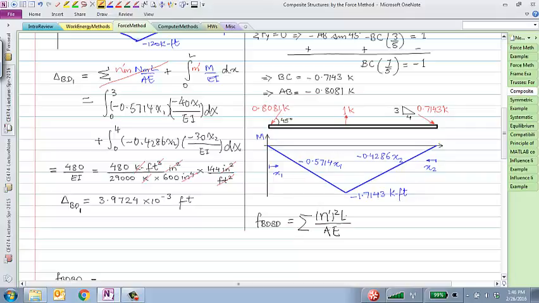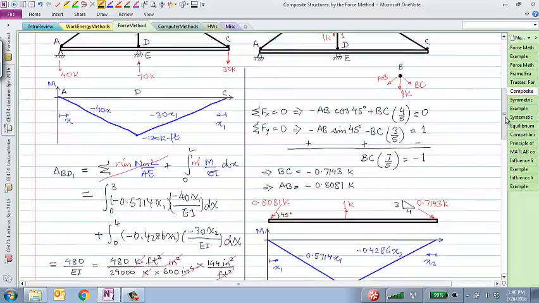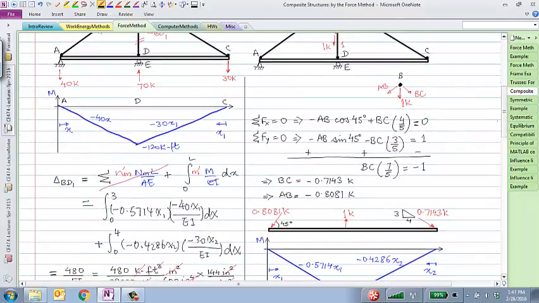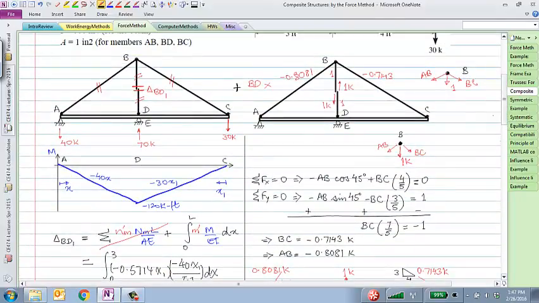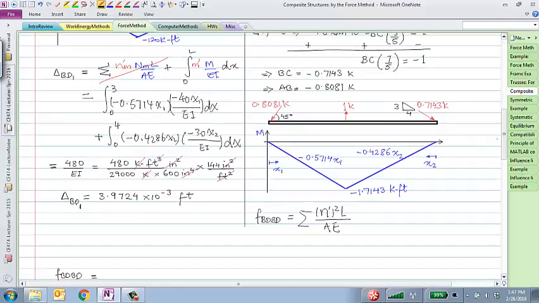The first small n is because of the virtual internal force in the three truss type members. And there would be another small n because that's also the real system. So that's why you get small n squared. And then for the beam part, we again integrate over the length.